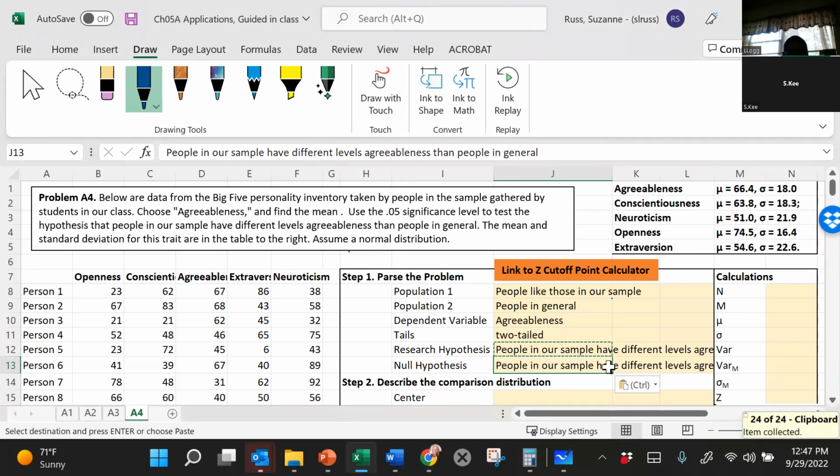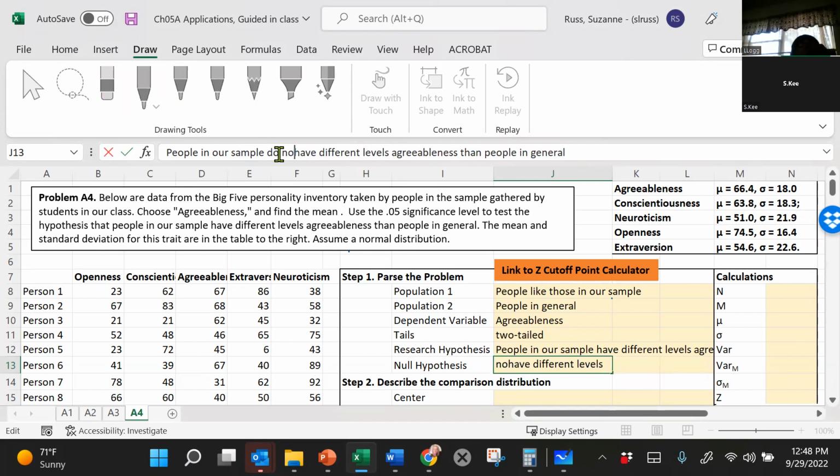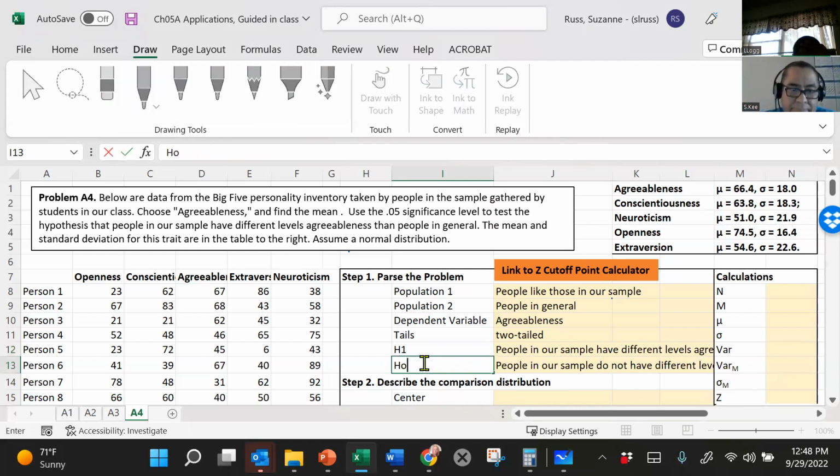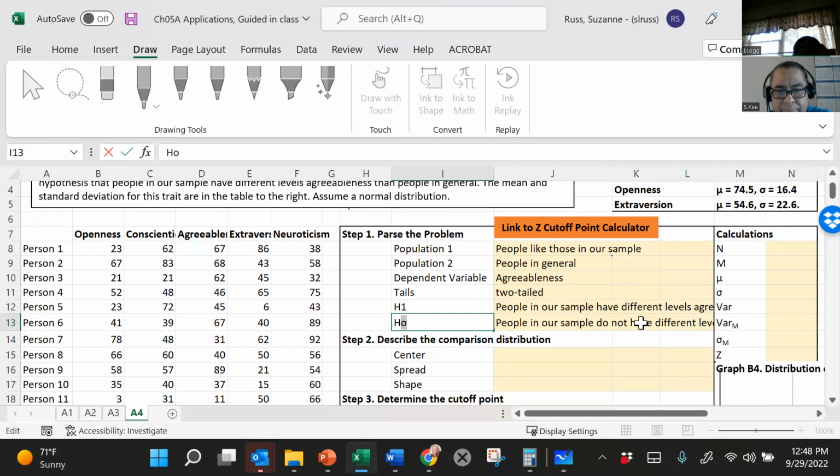And people in our sample do not have different levels of agreeableness. I'm going to abbreviate these just so we're clear on these abbreviations too. I'm going to call this H1. That's how we do it in this class mostly. And H0 for the null hypothesis. I usually just type that little o, but that represents a 0 for the empty hypothesis.